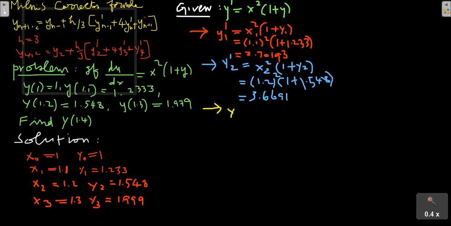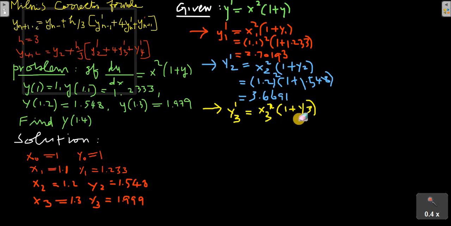Now similarly, what is y3 dash? We have to replace x by x3 and y by y3. So you will get the next step as x3 whole square into 1 plus y3. Now what is the x3 value, 1.3, and y3 value, 1.999.